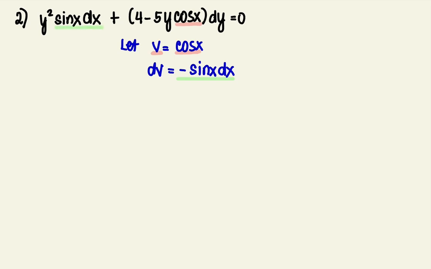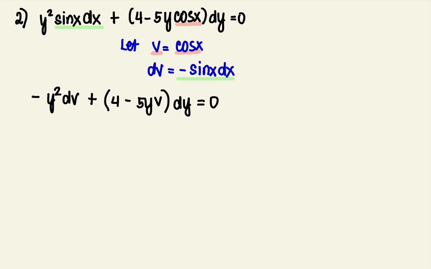Substituting, the first term would now be negative y squared dv plus the quantity 4 minus 5yv, since cosine x is v, dy. And what we have here equals 0.